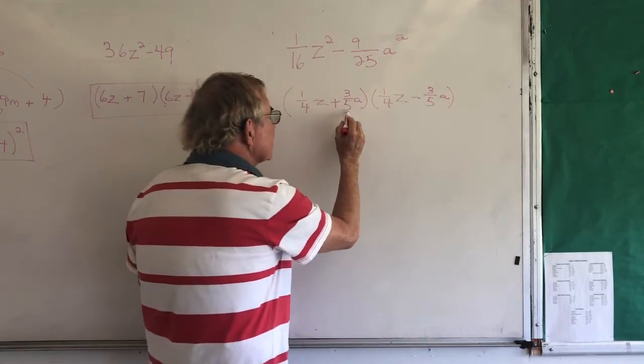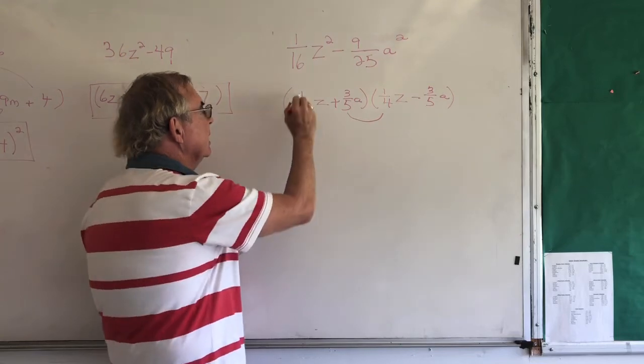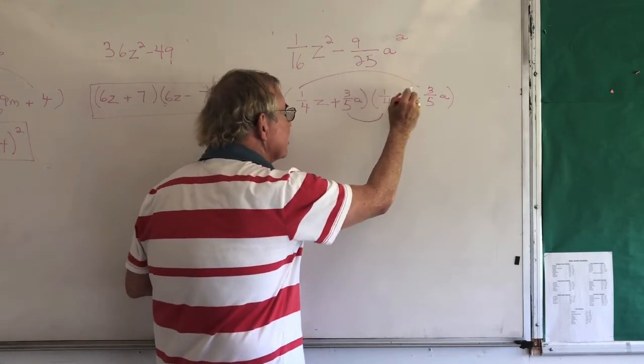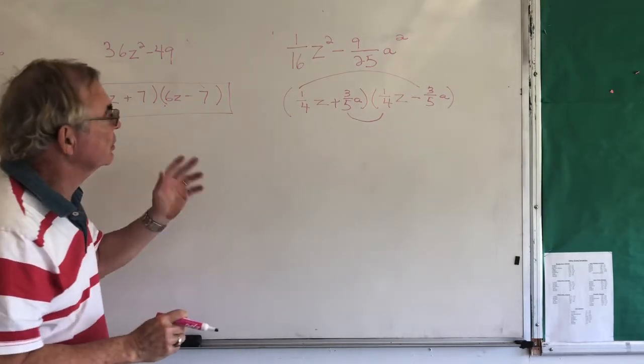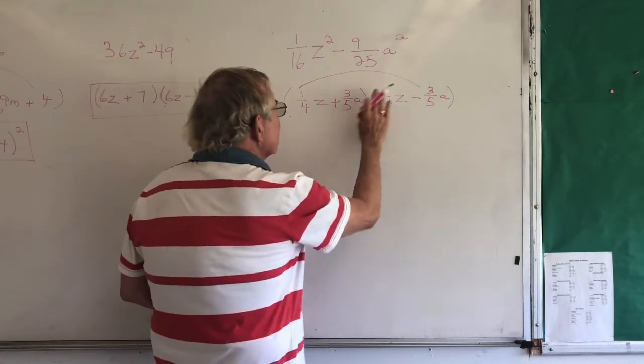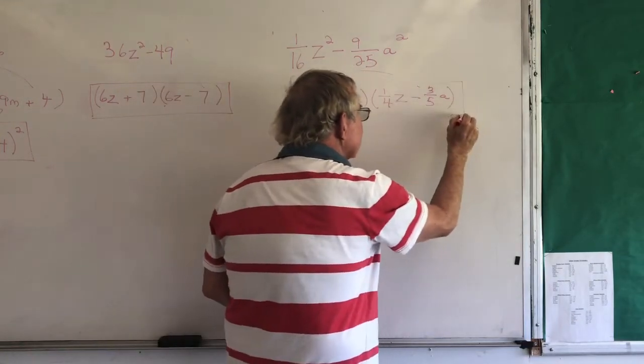And this will be 3 over 20 az. This will be negative 3 over 20 az. And they cancel out. So there's your answer. So this is what's called a difference of squares.